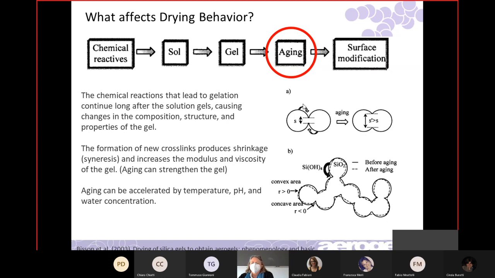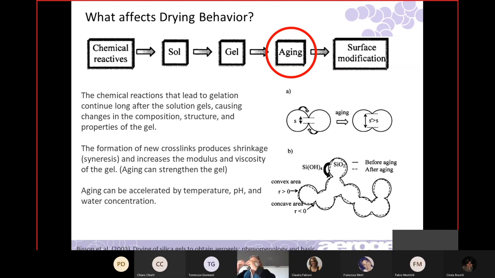And so maybe where you had these two bits of silica, we showed that pearly chain, they're connected, but as they age, you get new linkages, and it increases the modulus, which is like the strength of the gel. So instead of being connected like this, it gets more connected.